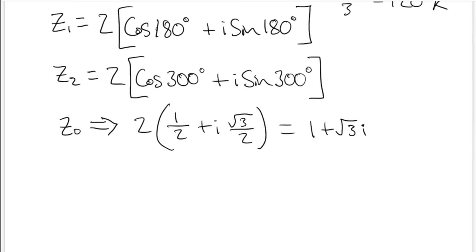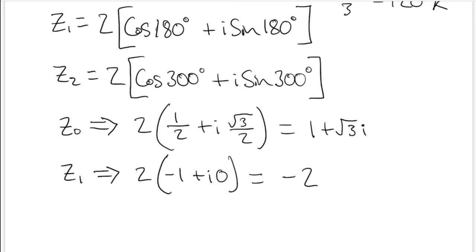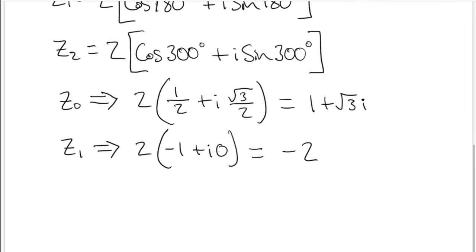So let's see, if we convert our z1 to rectangular form, we get 2 times cosine of 180, that's -1, plus i sine of 180, that's 0. So my i term actually disappears there, and I'm just left with -2. But that should make sense because think about it, -2 cubed is -8. And that's really what we're being asked to find, all the numbers that we can cube to get -8, right? So that should make sense as well.